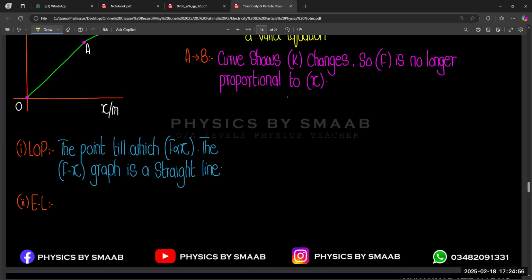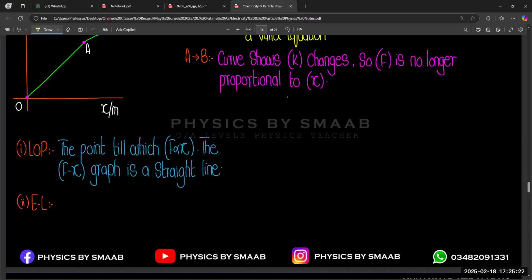Just like the example of the spring we were talking about, if you apply a little more force on the soft spring or the spring of the ball pen, the shape of that spring will permanently change. So it means you exert force beyond the elastic limit, beyond the limit of proportionality, even beyond the elastic limit. So basically we cross two different limits. So both are not the same.